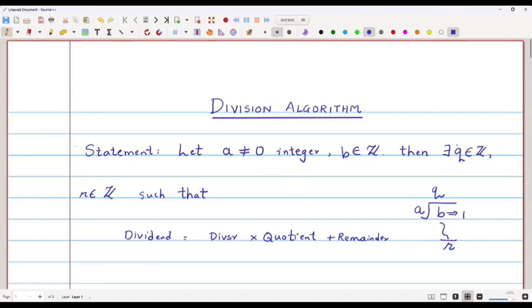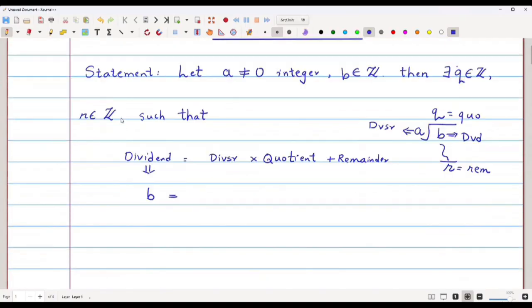This b is called the dividend, this a is called the divisor, q is the quotient, and r is called the remainder. So this means b is equal to a times q plus r.